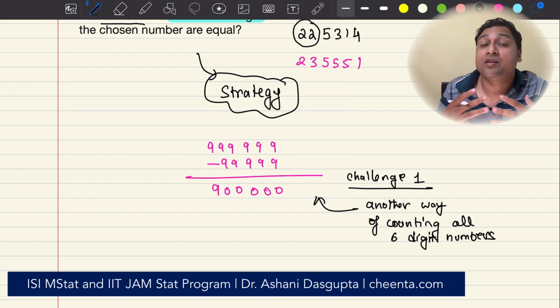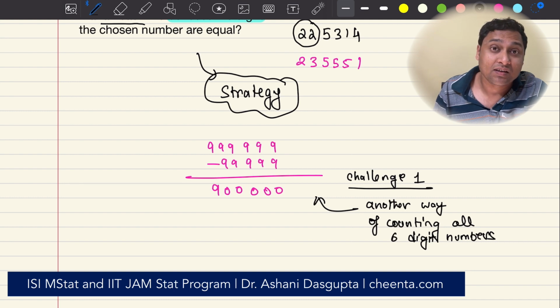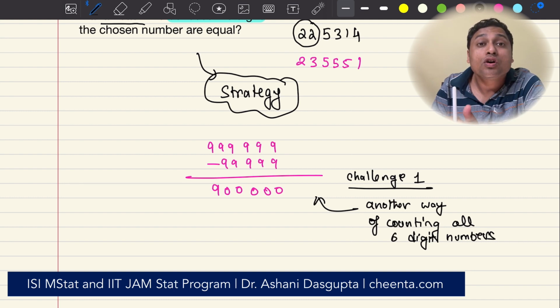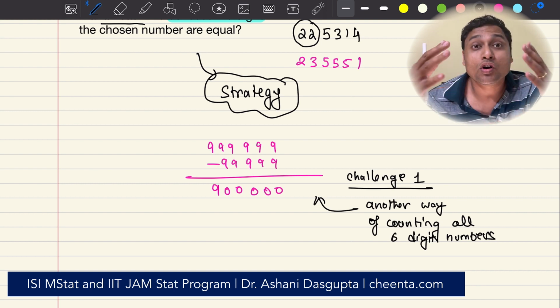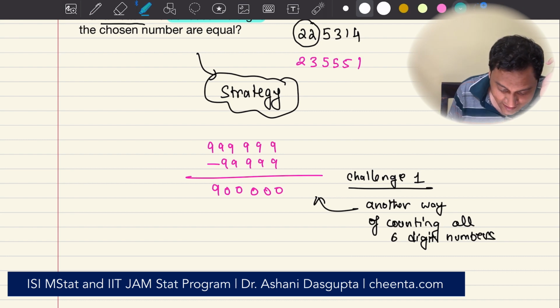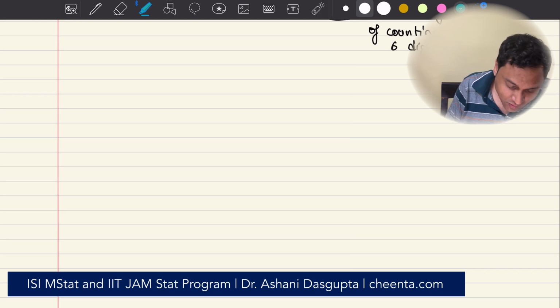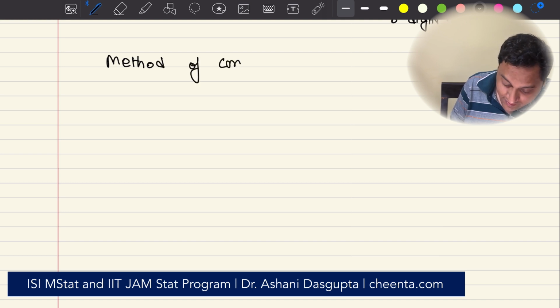Now we have to figure out what proportion of those numbers have this property that 2 or more consecutive digits are equal. So here comes the strategy. This strategy is sometimes called the method of complements.